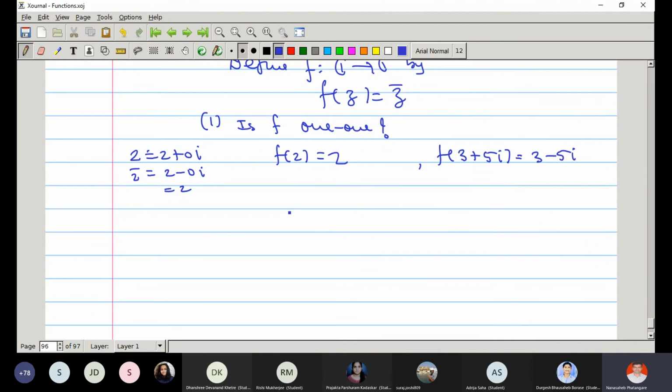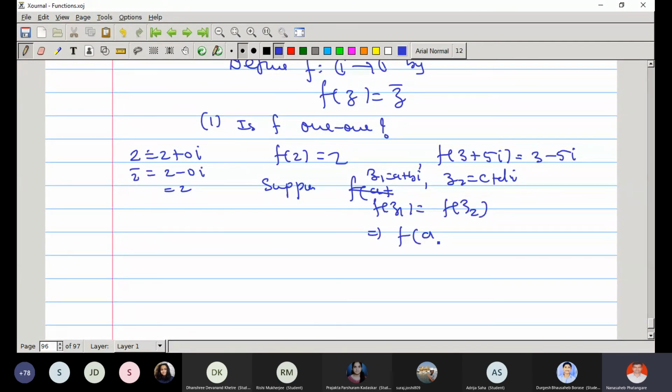So is f 1-1? Yes, it is. Why? Suppose z1 is equal to a plus bi and z2 is equal to c plus di, and suppose their images are the same. Suppose f of z1 is equal to f of z2. That means f of a plus bi is equal to f of c plus di.